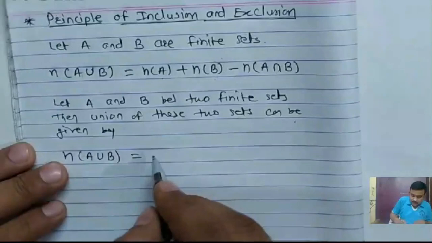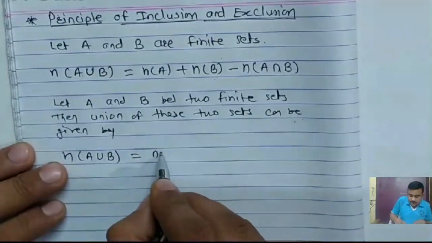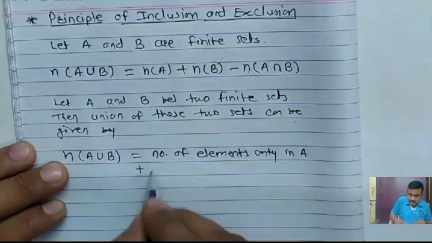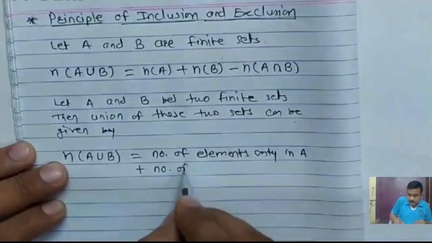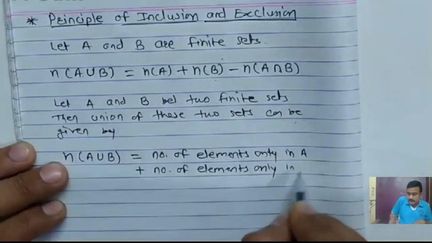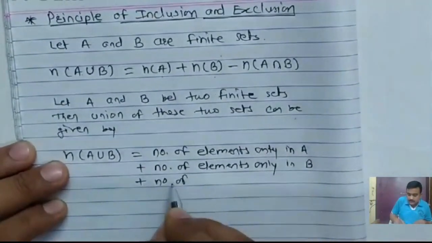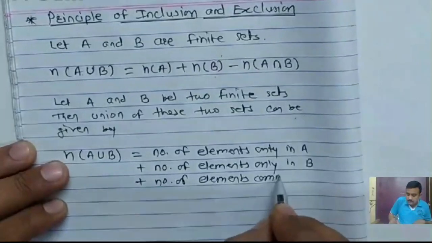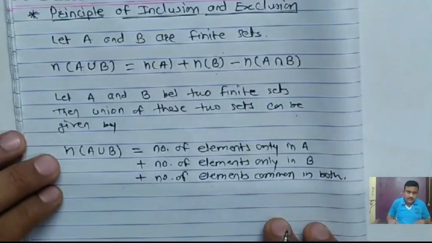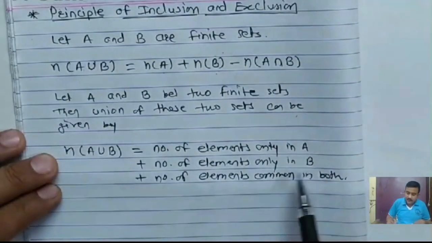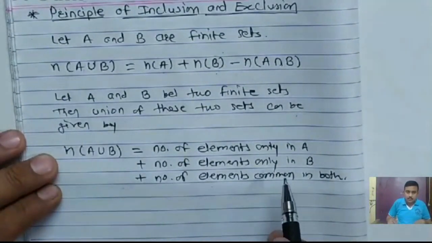So the number of elements in A union B is the sum of the number of elements only in A, the number of elements only in B, and the number of elements common to both.